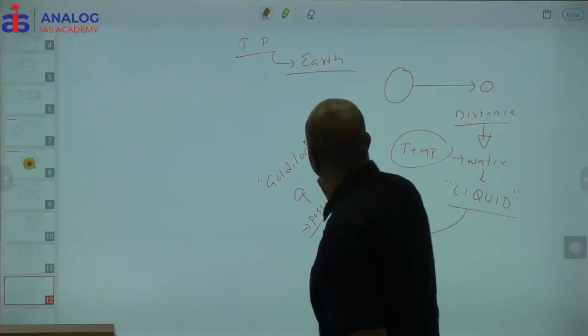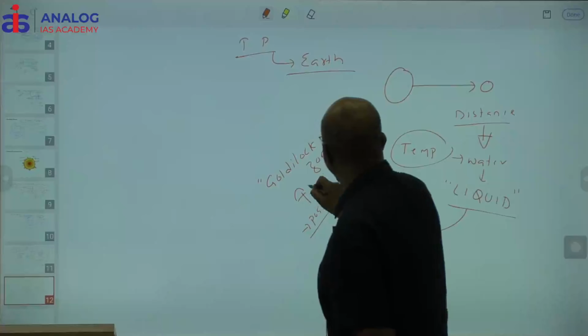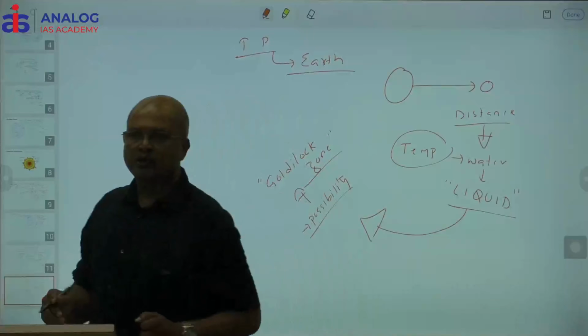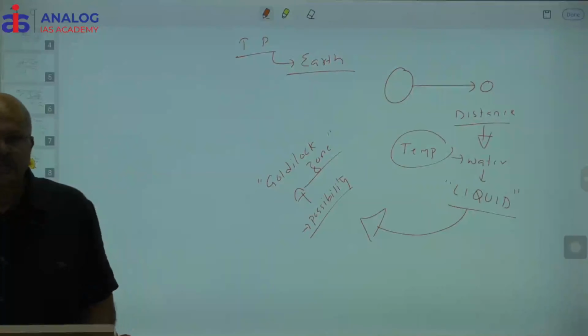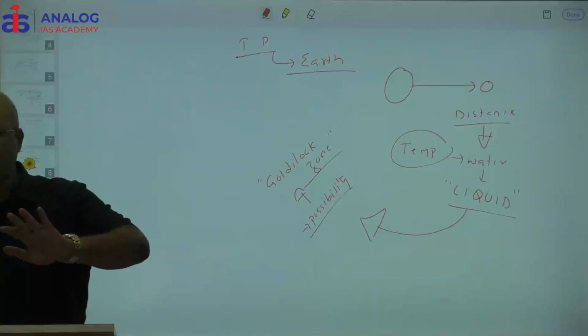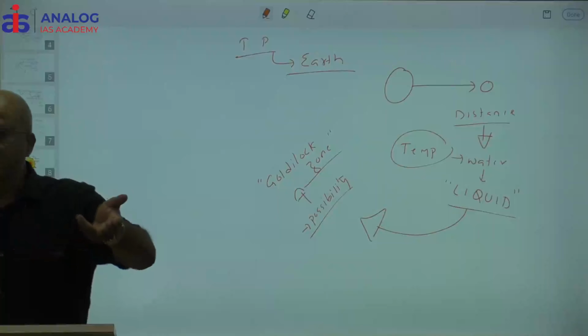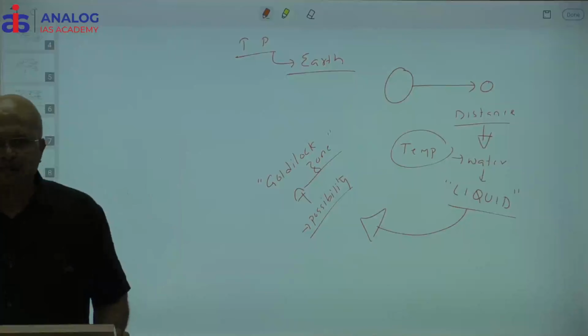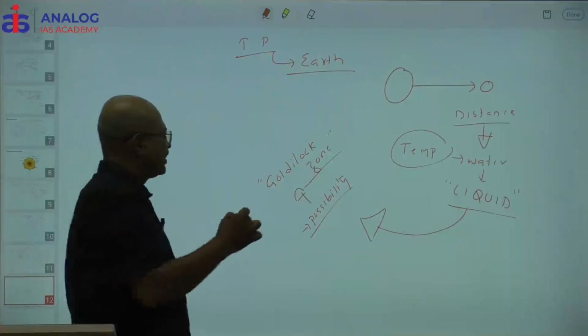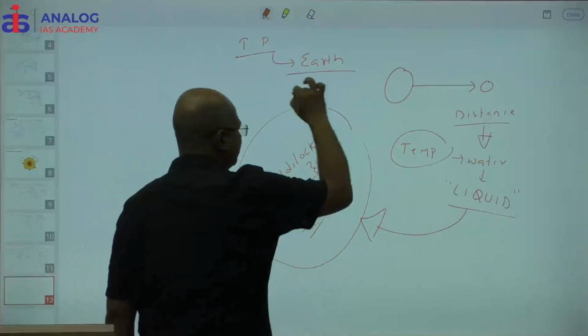So the moment when we say Goldilocks zone, remember that in the Goldilocks zone of the solar system, the water is liquid and it is having the possibility of life. It does not mean that life exists. Possibility, because the planet's atmosphere may not be suitable, but where the water is liquid in such areas we refer to them as Goldilocks zone.